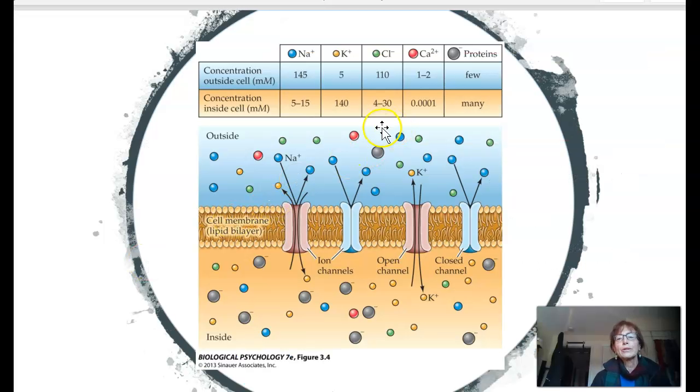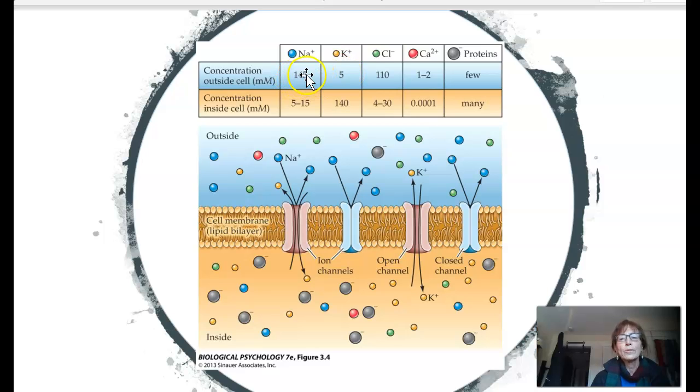This is a great picture because it shows you what a neuron looks like once it has its basic setup done, in other words, once the sodium-potassium pump has produced this, you see how much sodium is outside versus potassium.